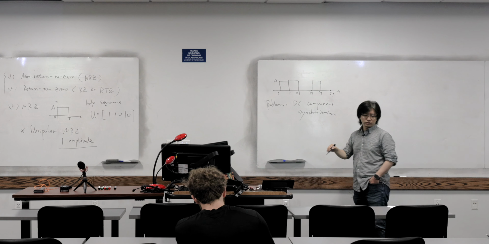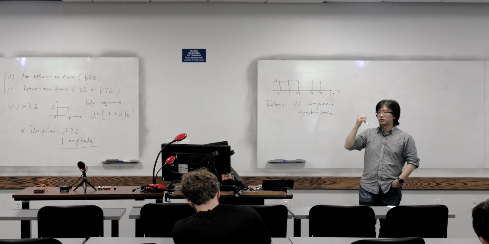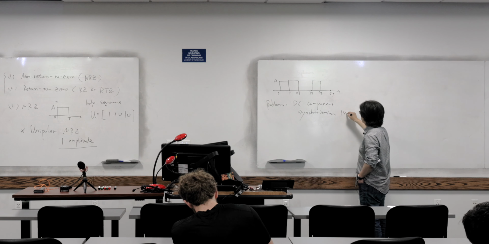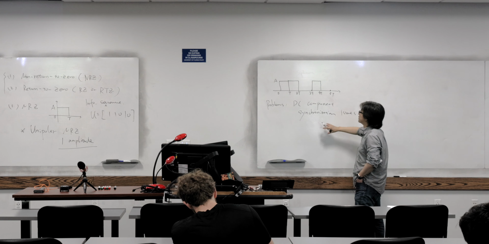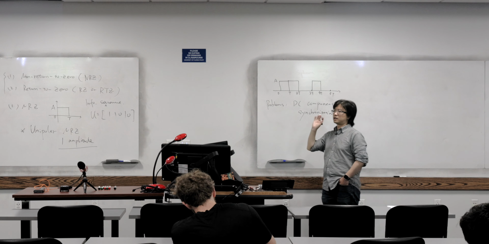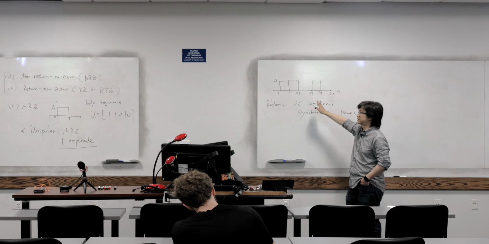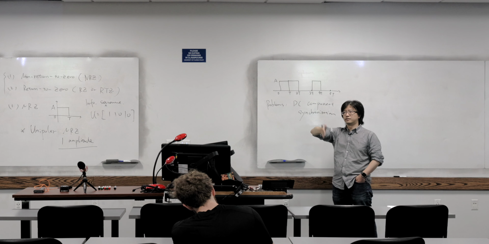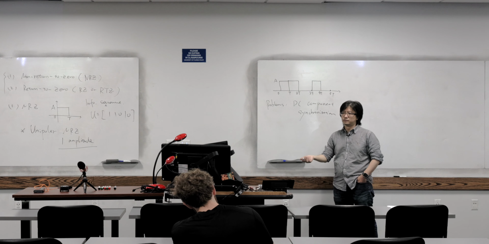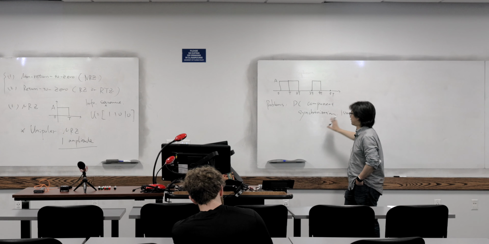The synchronization will not be easy. We have a lot of problems. The reason is that if we transmit a long 1 or long 0, especially long 0, then how can we synchronize? We have no idea where the signal starts. If the signal starts from a bunch of 0s, then there's definitely no way to tell where to start. We have a synchronization issue.